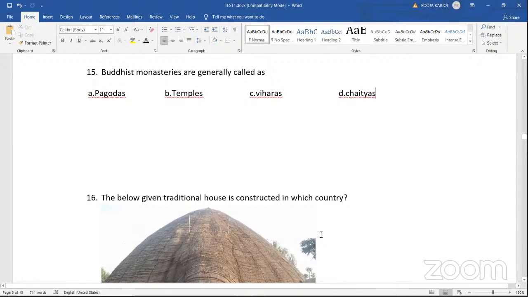Yeah, they are Buddhist only. So which answer is right? Vihara. That's what I read actually. Pagoda is a Hindu or Buddhist temple, typically in the form of a many-tiered tower.